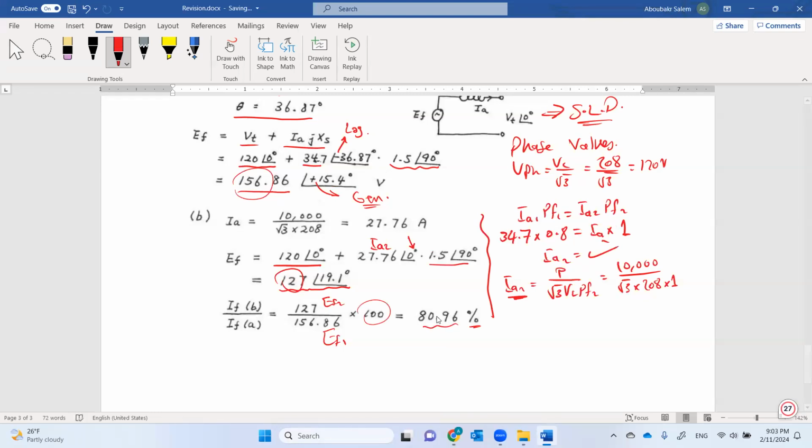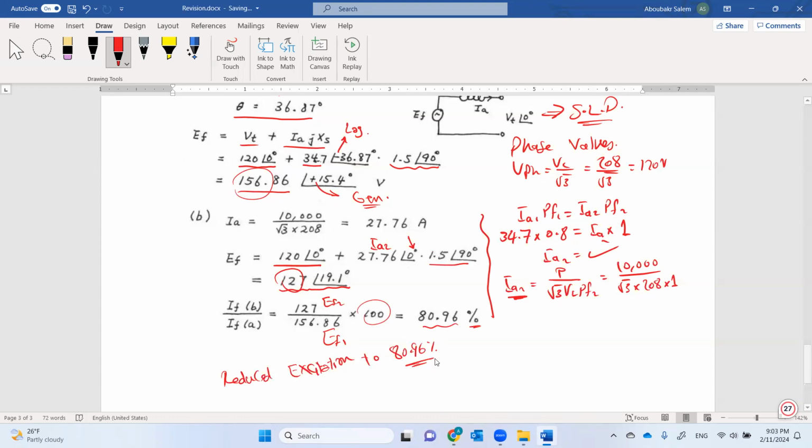This means, guys, we reduced the excitation to 80.96%.